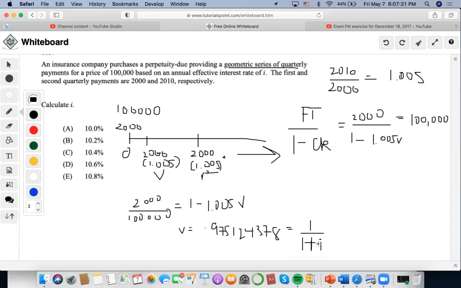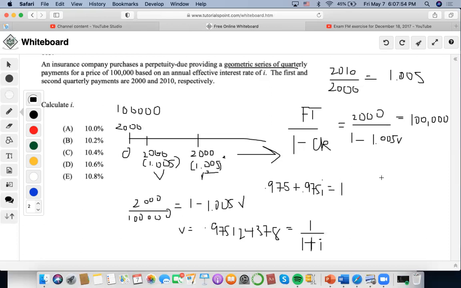But remember, this is the quarterly i because we're dealing with quarterly payments, so everything is in a quarterly format. So 1 plus i times 0.975124378 equals 1.